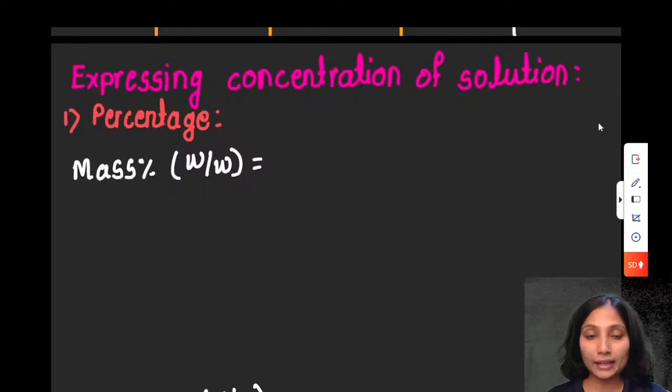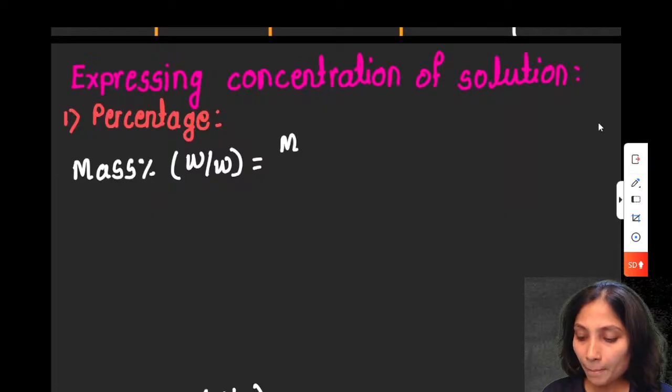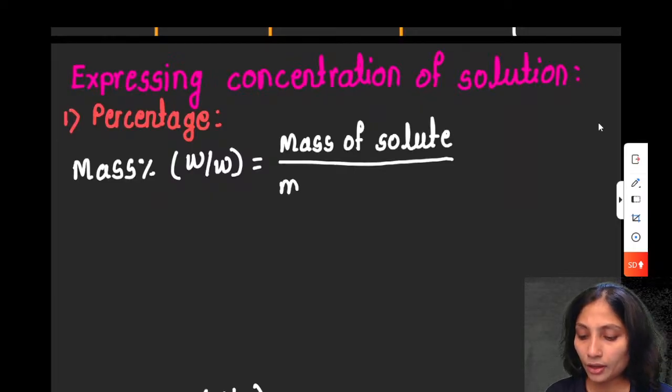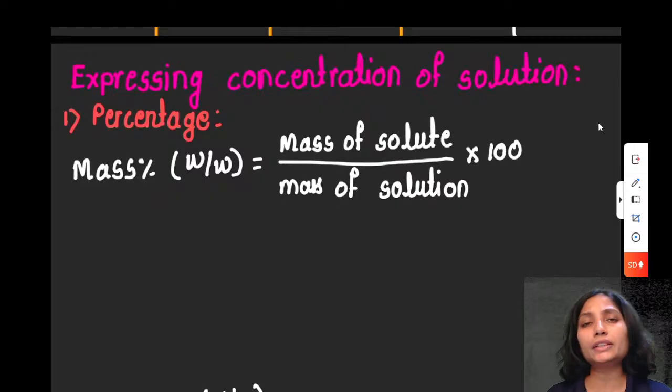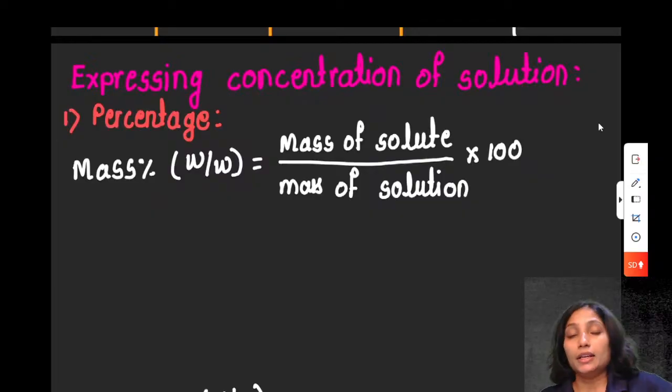Mass percentage is calculated by the formula: mass of solute divided by mass of solution, multiplied by 100 since we want percentage. That's all, it's very simple. Mass of solute divided by mass of solution into 100.